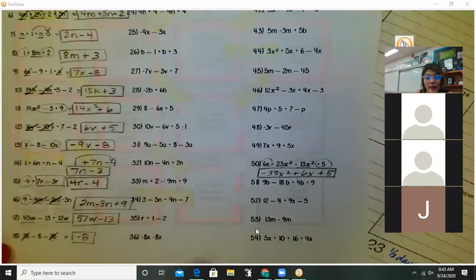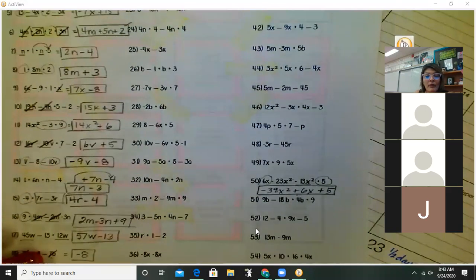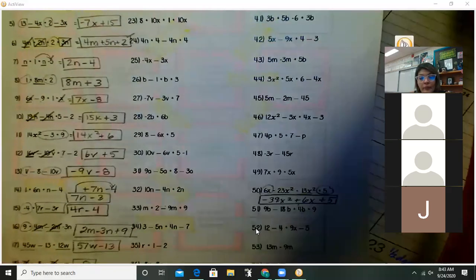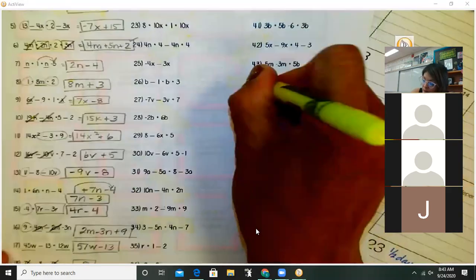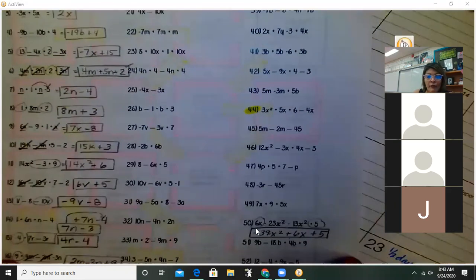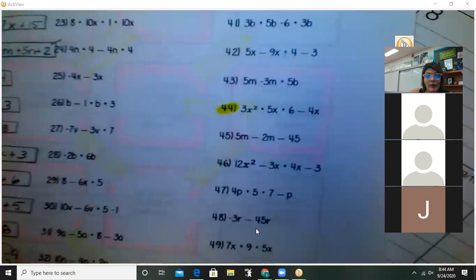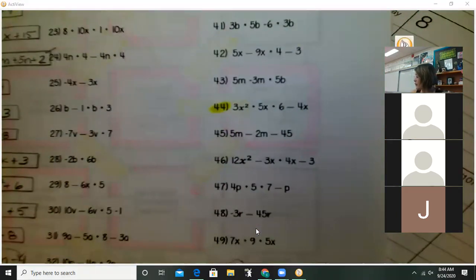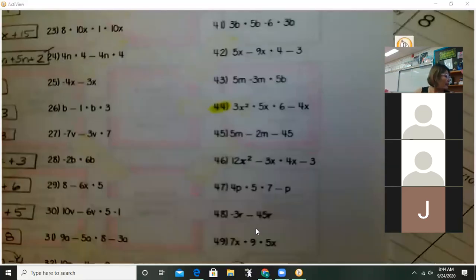So down here, we can take a look at number 44. We'll do this one. I'm just going to skip around. And for 44, if you take a look at that one, it gets kind of crazy when we have all this paper.